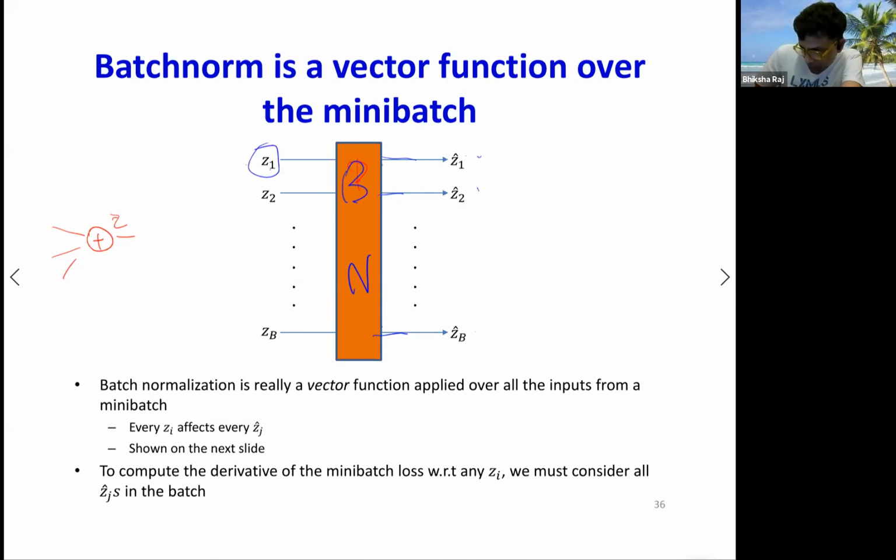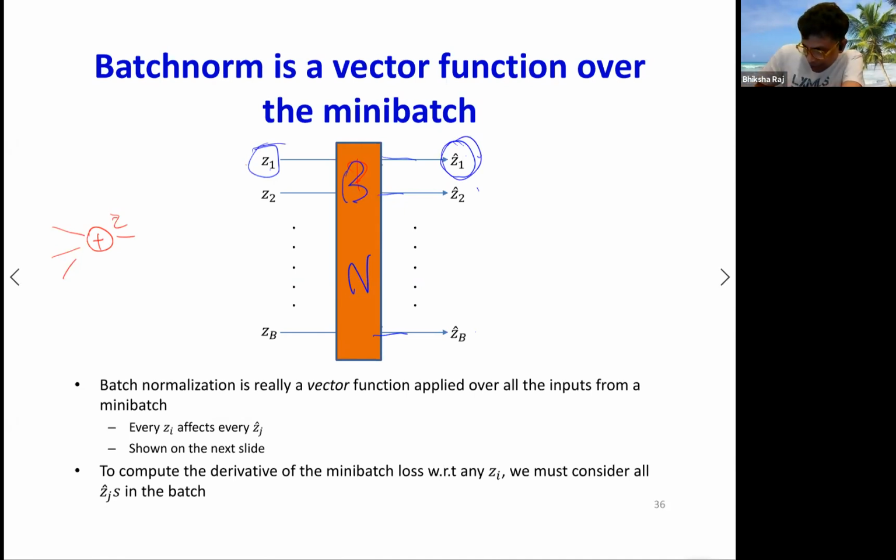So for each zi, you're going to get a z hat i, where z hat i is the shifted and scaled version where the z has been moved to the origin and then sent to the appropriate location and then scaled. Except the movement to the origin depends on all of these.